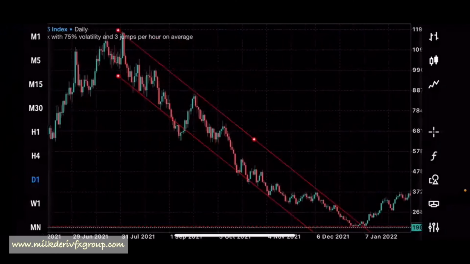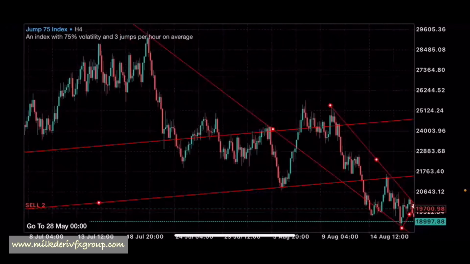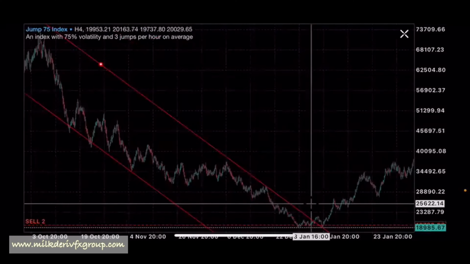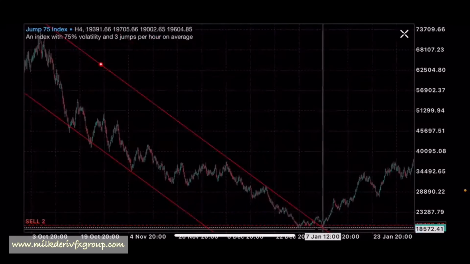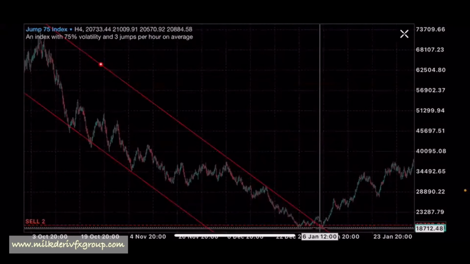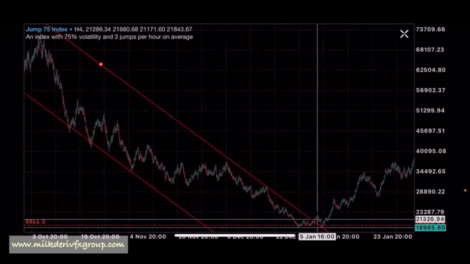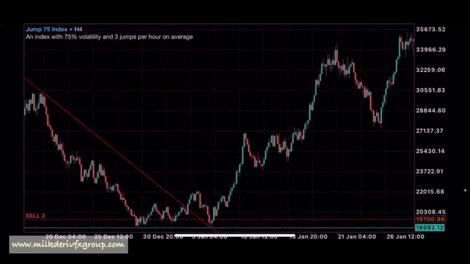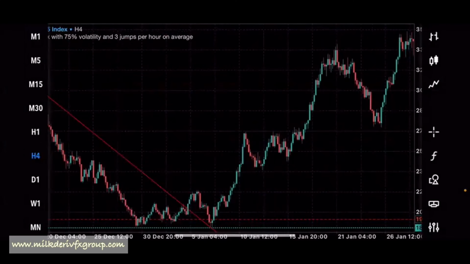Now if I look at this trend, let's go to H4. You can see that the trend has ended. It broke out here and retested here. Can you see it? It's not clear. You know what a breakout is, right?